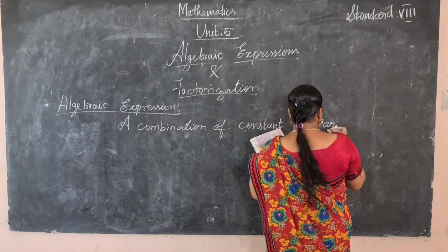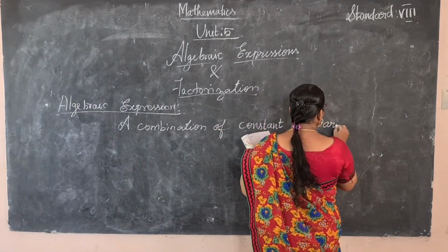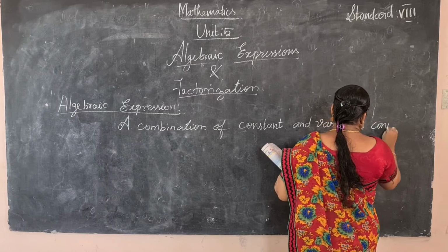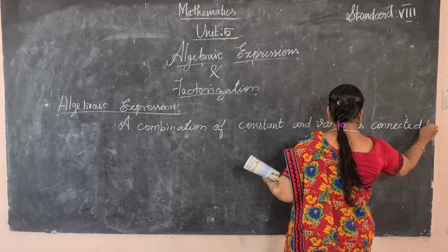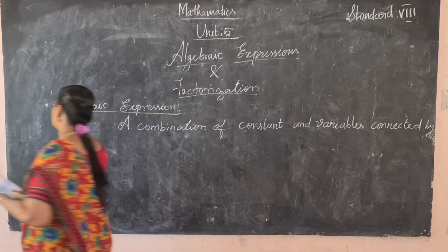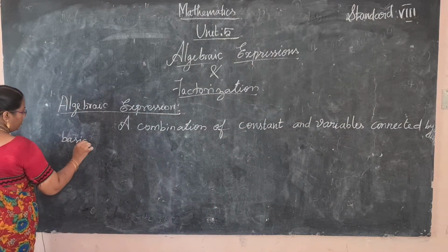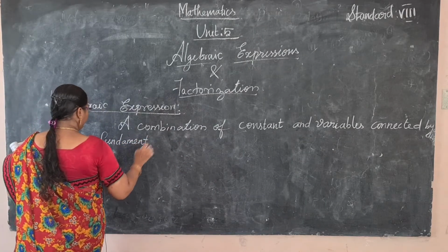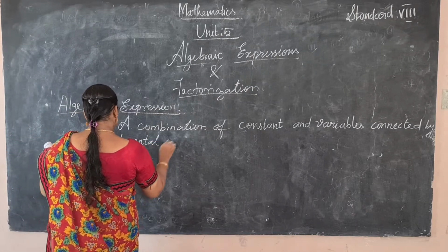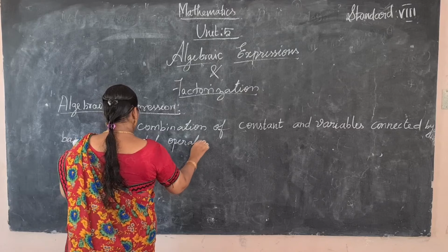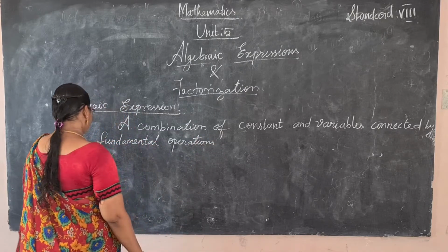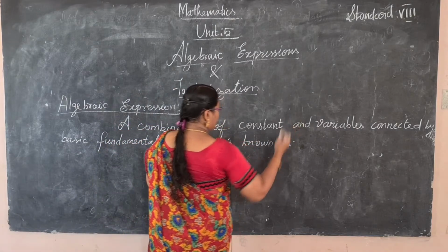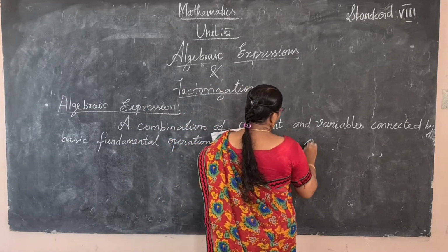The unknown value is called a variable or literal number. A combination of constants and variables connected by basic fundamental operations is known as an algebraic expression.